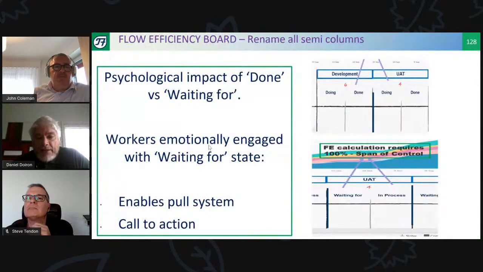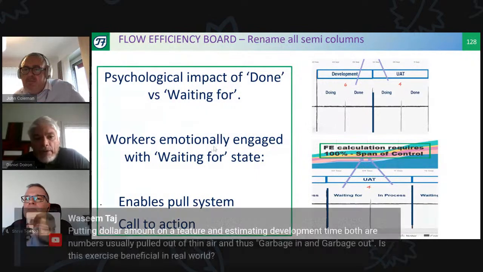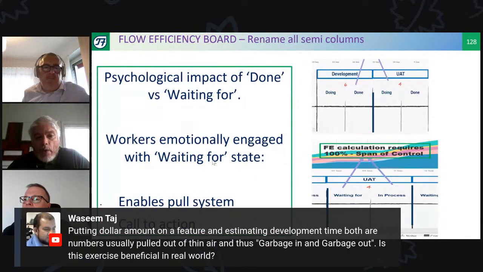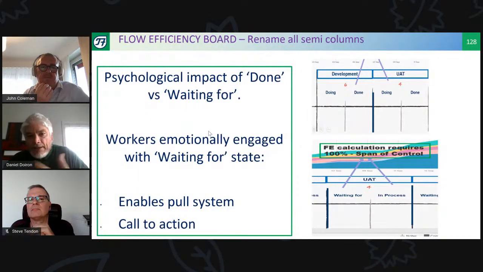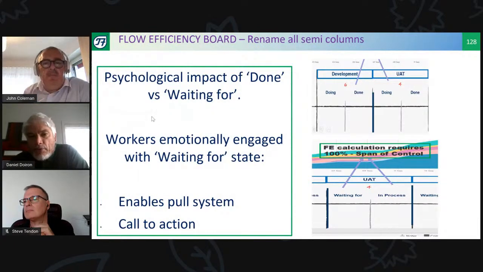And what is the psychological impact of done and waiting for? Well, people are much more emotionally engaged when they are in a waiting for state. It's a call to action, and it puts friction within the same team: hey, I'm waiting. You want to go in process, and the in process guys say, no, man, I gotta watch my wait time while I am in process as well.